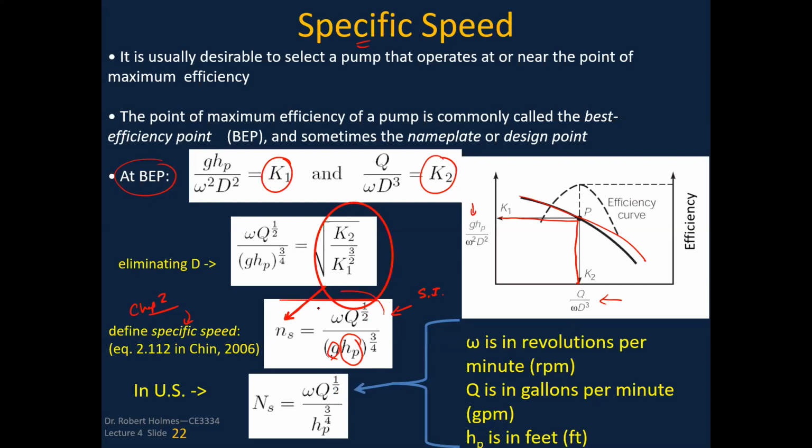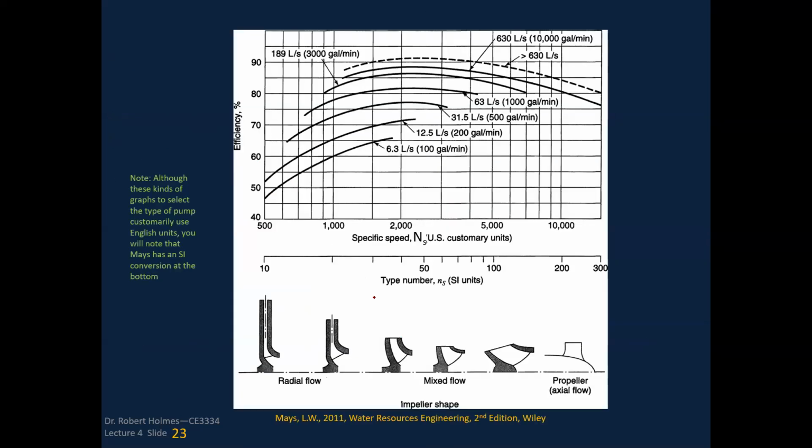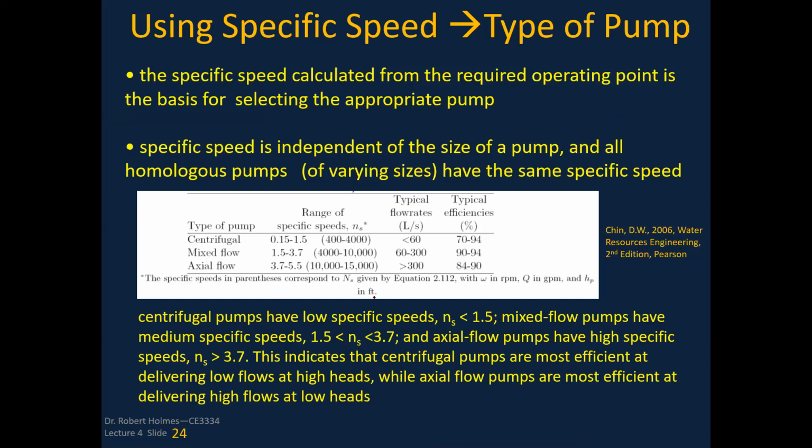And if you compute this and you go to a particular graphic, this will help you select which type of pump is most efficient. So if I've got a specific speed that I computed from that previous equation, and it's between 0.15 and 1.5, then I'm going to select a centrifugal or a radial flow pump.